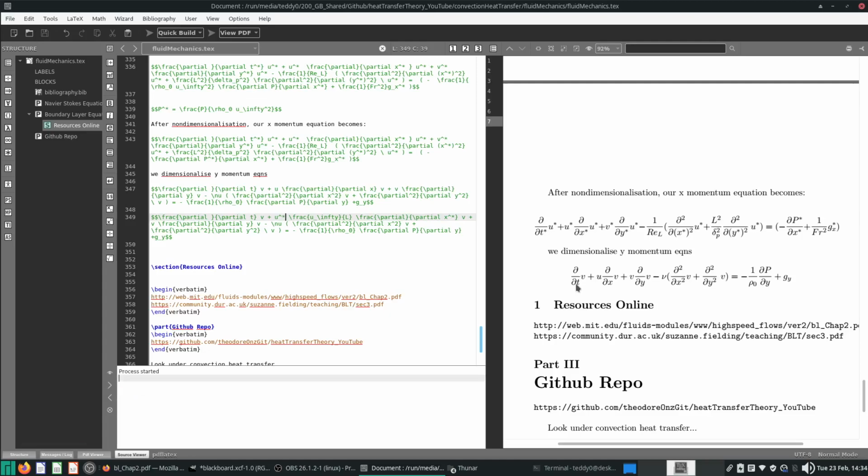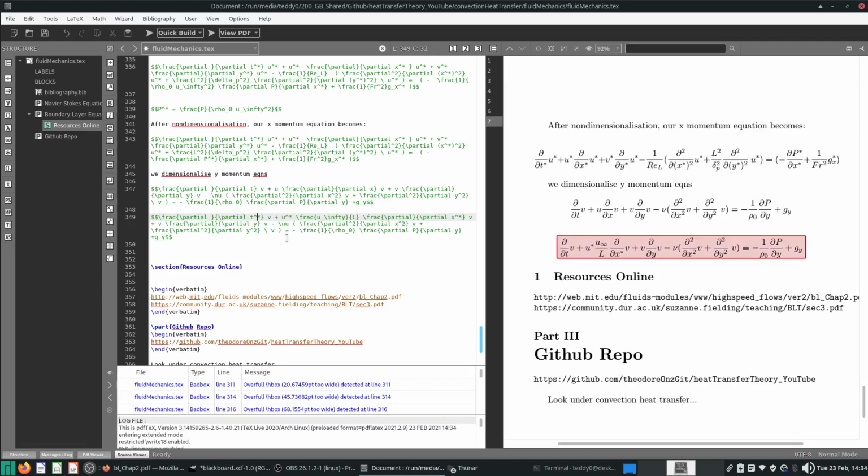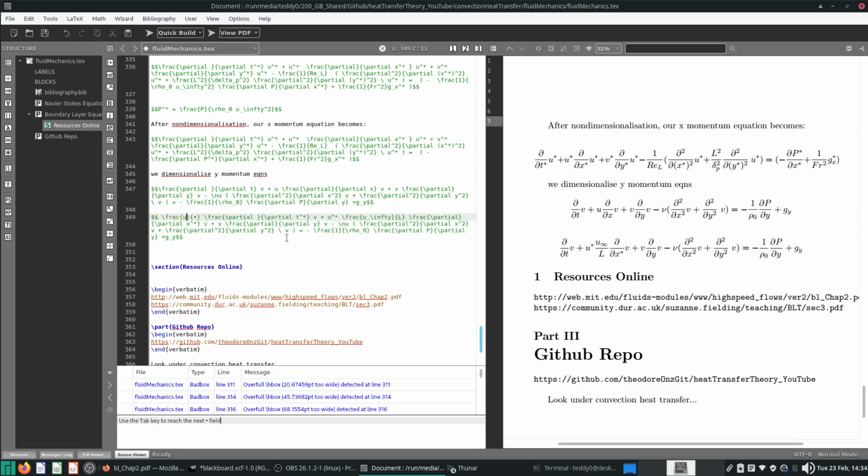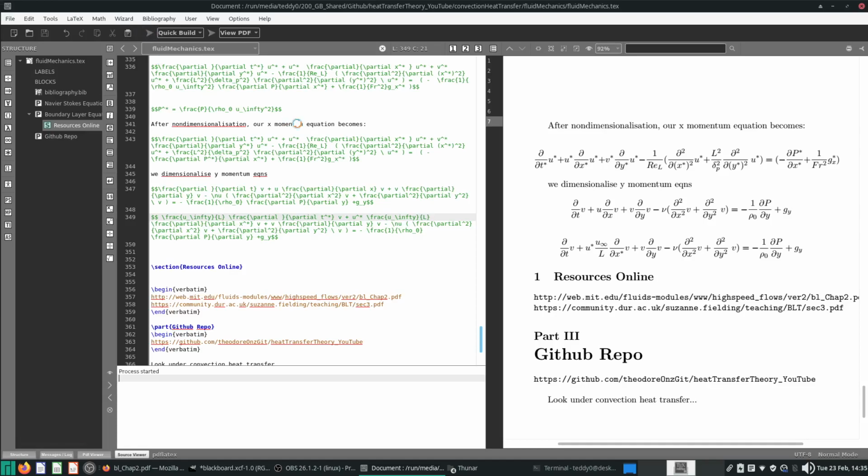And for time, as said before, t is actually t star into L, with U infinity on top. That's what we were doing slightly earlier. This is the y coordinate thing, so I'll leave it for later.